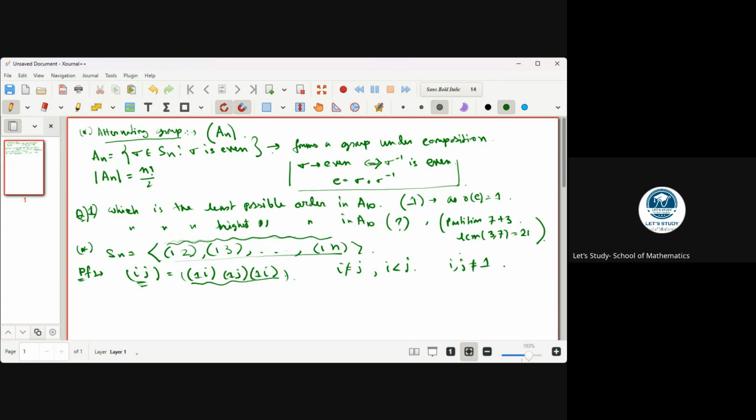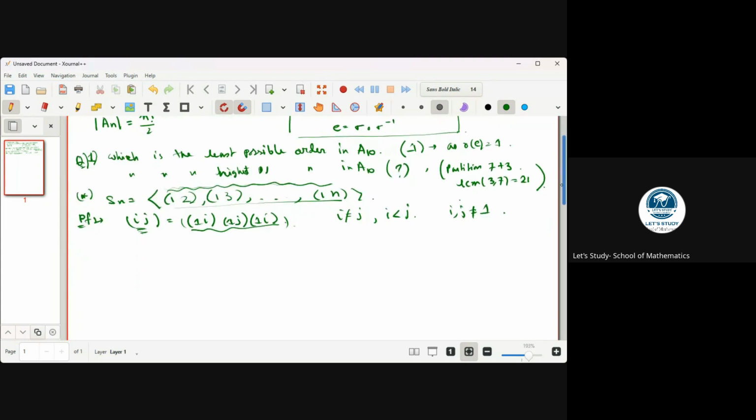So if we can generate any transposition, then it is enough to generate any element of S_n. That was our target, and we have already shown that we can generate any transposition by these n elements only. So S_n is generated by this set.